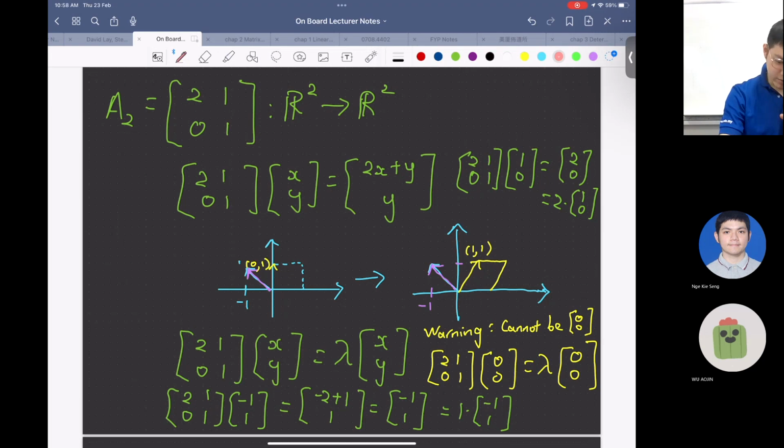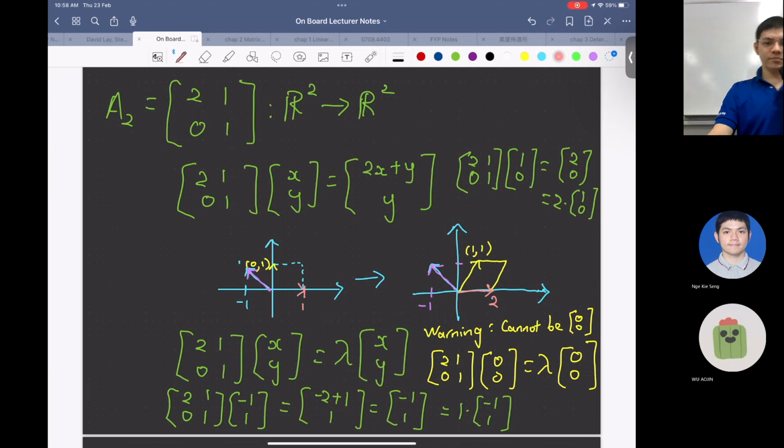If you do the other one, which is 1, 0, it becomes 2, 0. So this one becomes longer. Some get stretched, some stay the same, some get rotated. But we are interested in those that get stretched.